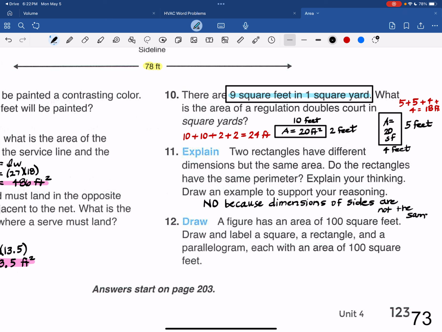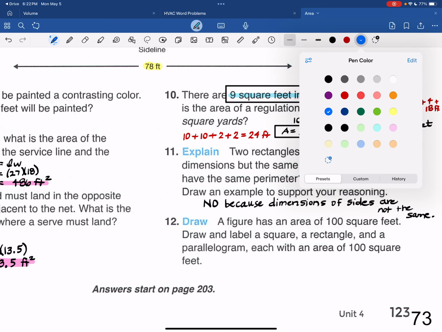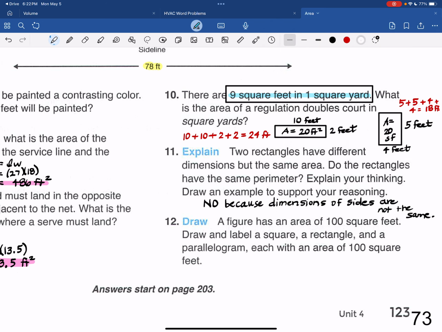Okay, number 12. They want us to draw. I like these problems. They make us think outside the box. No pun intended. Let me white this out and we'll use this space to do our drawing. A figure has an area of 100 square feet.